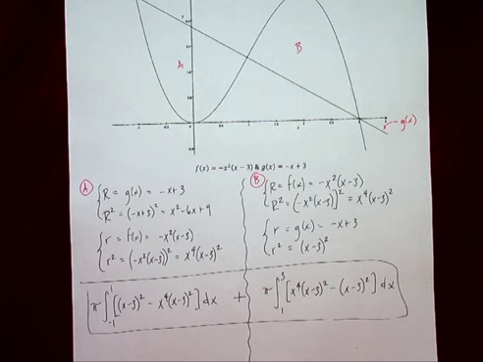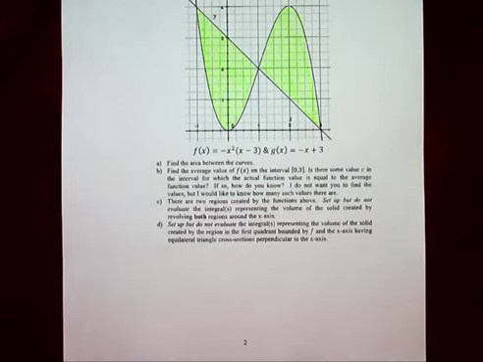Now, the very last piece of this problem, okay, is going to be set up, but it's going to be volume of a solid of known cross section. So it says, set up but do not evaluate the integral representing the volume of the solid created by the region in the first quadrant bound by F and the x-axis having equilateral triangle cross sections.